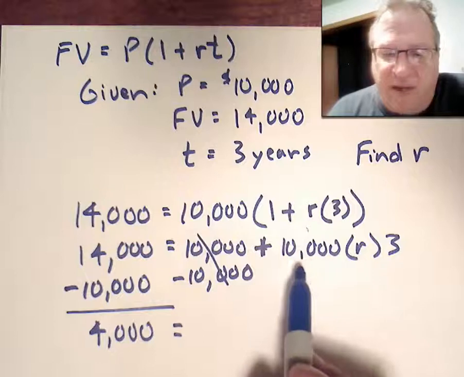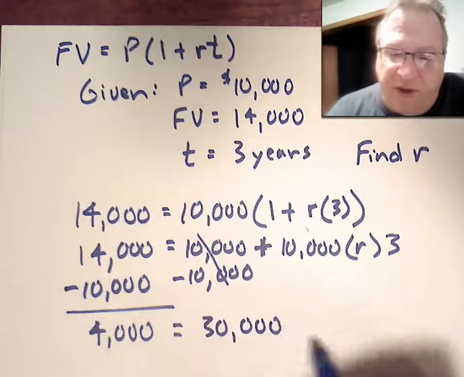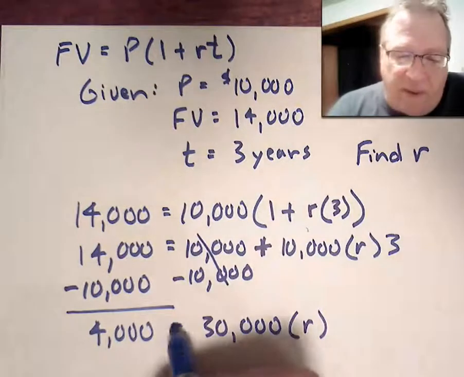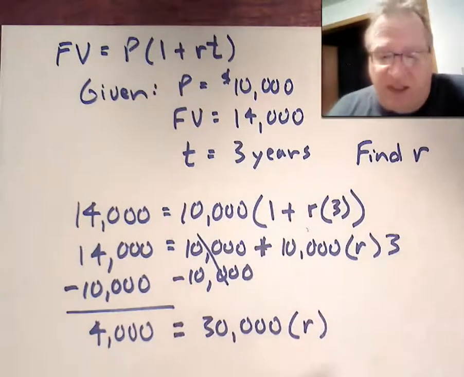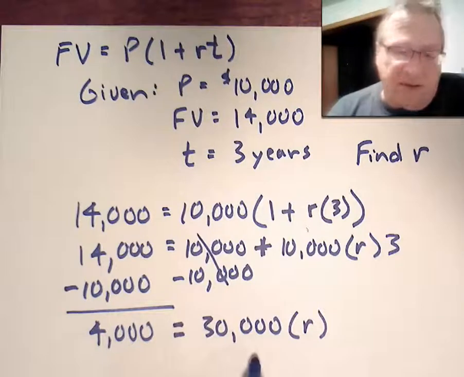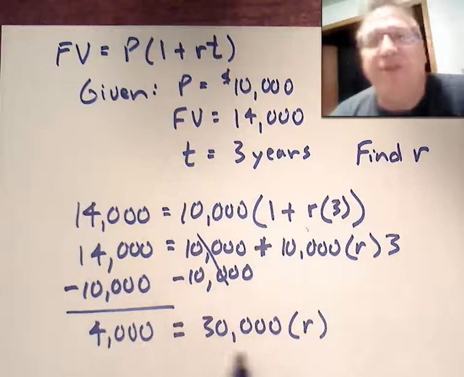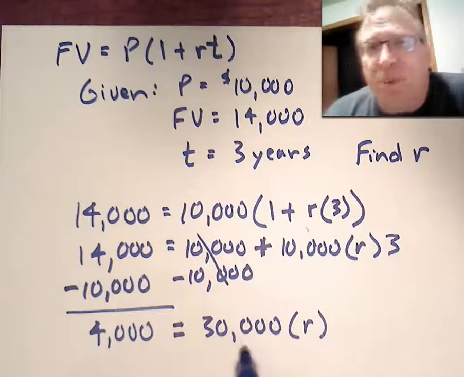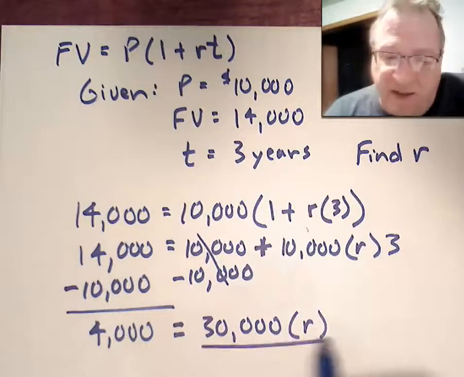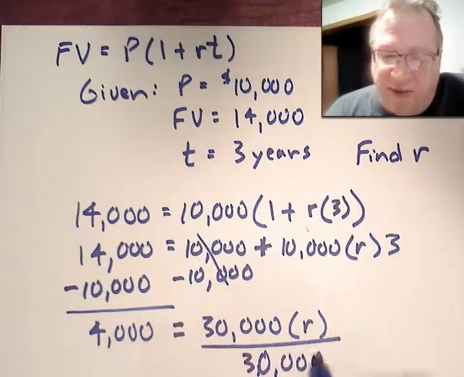I'm going to combine the 10,000 and the 3 to make 30,000 times r. And now I'm getting close. We still have to get r by itself. Now that those two are multiplied together, we can get rid of the 30,000 by dividing this side by 30,000.